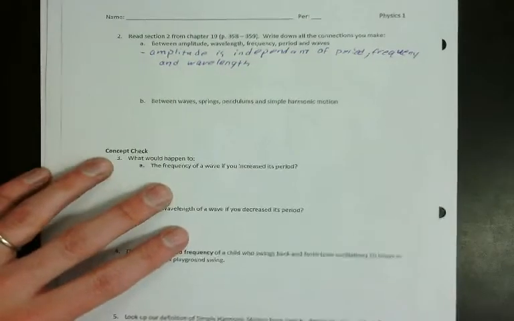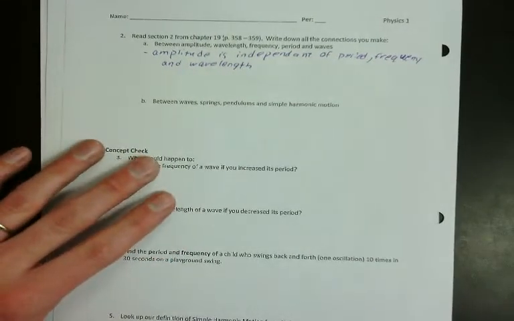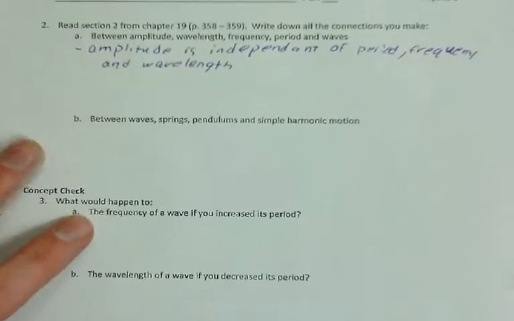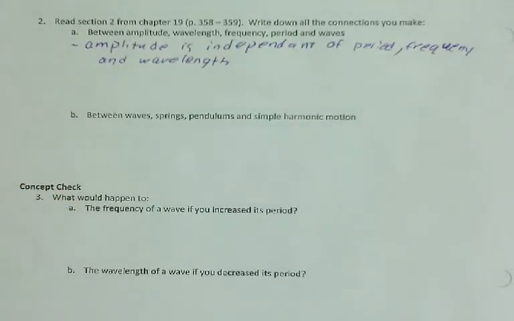So, in other words, your amplitude is not affected by these other things. Doesn't matter what your wavelength is, your amplitude will stay the same. Doesn't matter what your period is, your amplitude will stay the same. Amplitude is independent of those things.